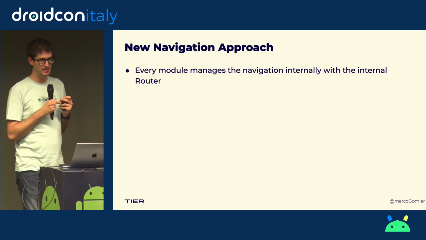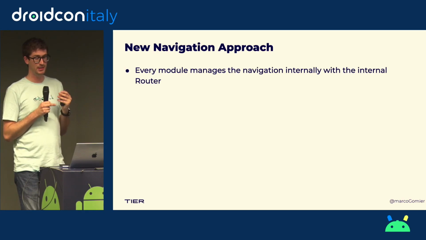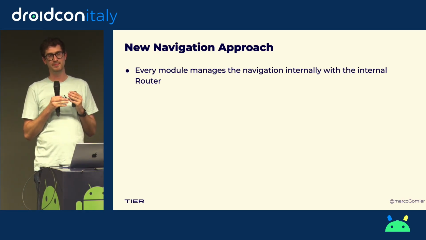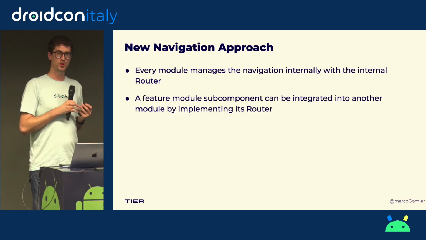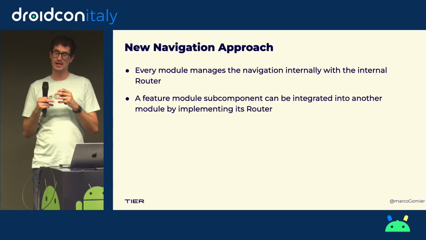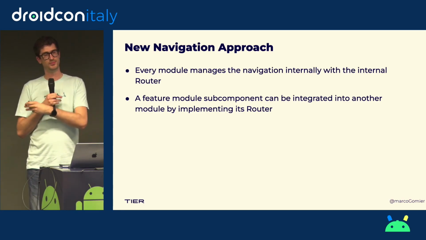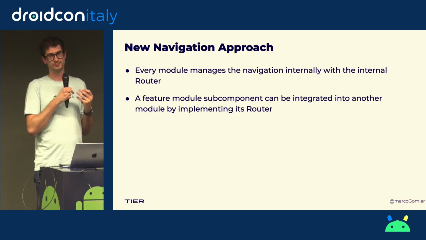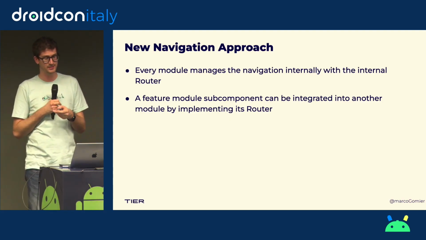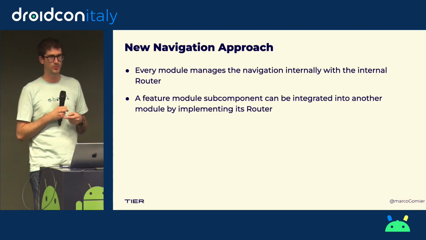To sum it up, we have every module that manages navigation internally with the router, and if it wants to import a submodule from the external world, it also needs to implement the router of that external subcomponent.